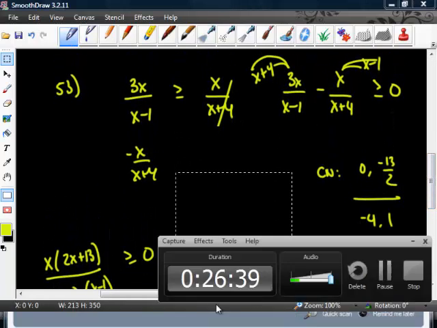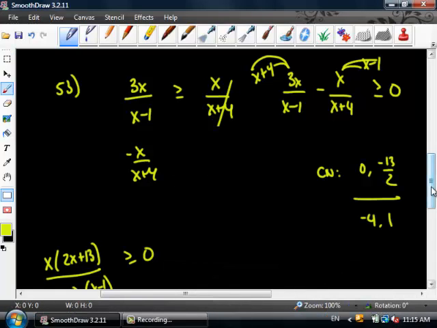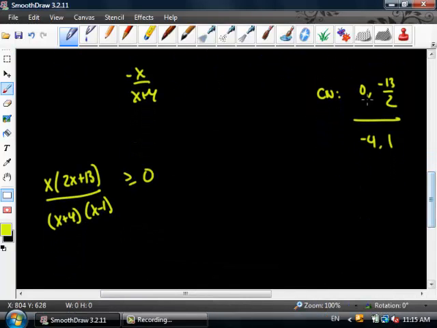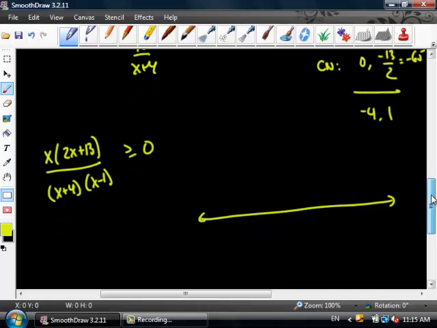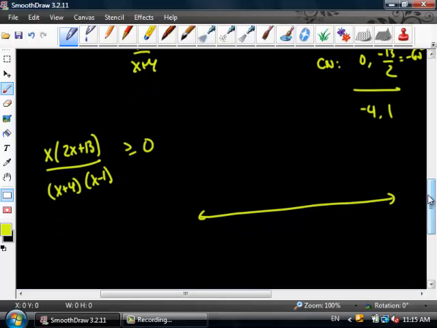Raise your hands if I have moved too fast for you. Let's pause for a second here. Okay, now that we have our critical numbers, 0, negative 13 over 2, which is 6.5. All right. Let's pump those in. What I don't have is enough space.